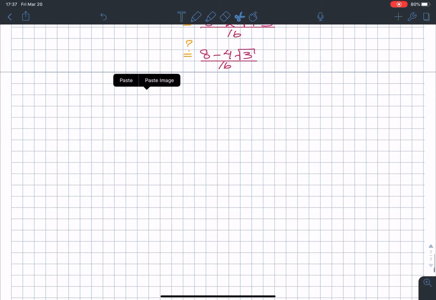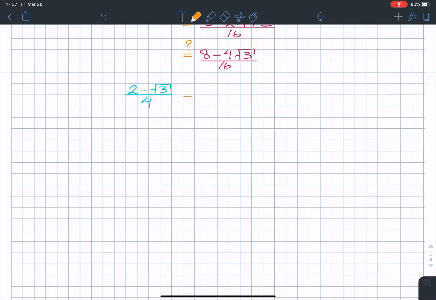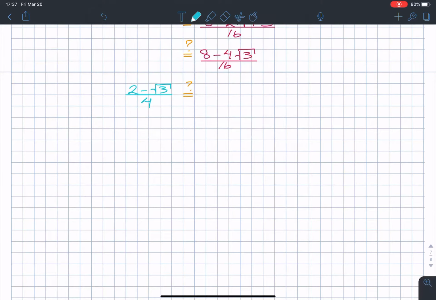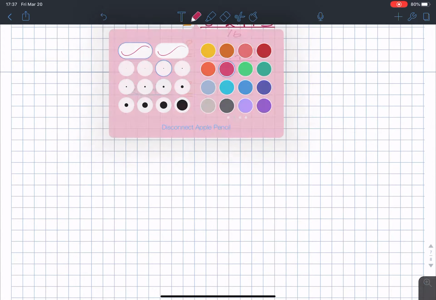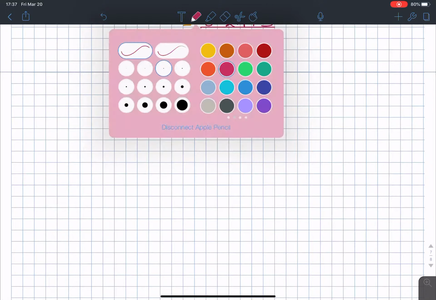So going to the next page. So is this equal to, let's factor out a 4 in the numerator. In a different color, let's factor it out in green. So that'll be 2 minus the square root of 3 all over, let's factor out a 4 in the denominator, 4 times 4.